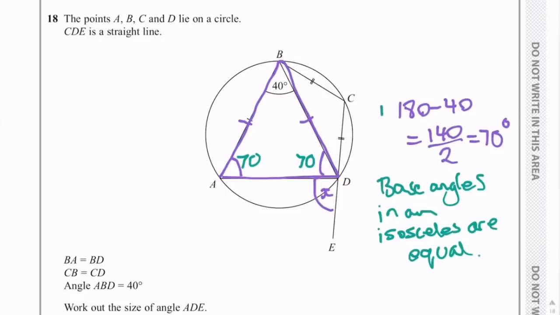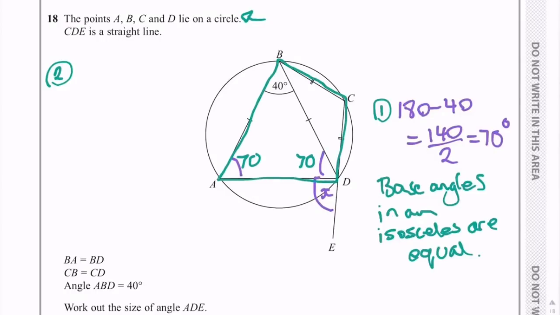I tend to like to label my working out so I know what I've done first. So moving on to the second part, which I'm going to put over here. A little bit disorganised because I'm keeping it up the top of the screen. But now I'm looking at this quadrilateral. It says A, B, C and D lie on the circumference of the circle, which means if I remove some of this, we actually have a quadrilateral within the circle, which is called a cyclic quadrilateral.